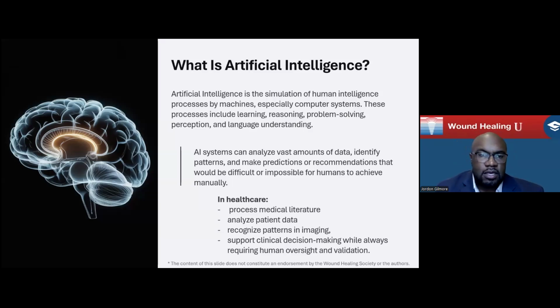So in healthcare, and specifically for this webinar, we're going to be talking about some applications that focus on processing medical literature, analyzing patient data, recognizing patterns in imaging, and I would add to that recognizing patterns in things like sensor data or clinical EMR data as well, and then supporting clinical decision making.